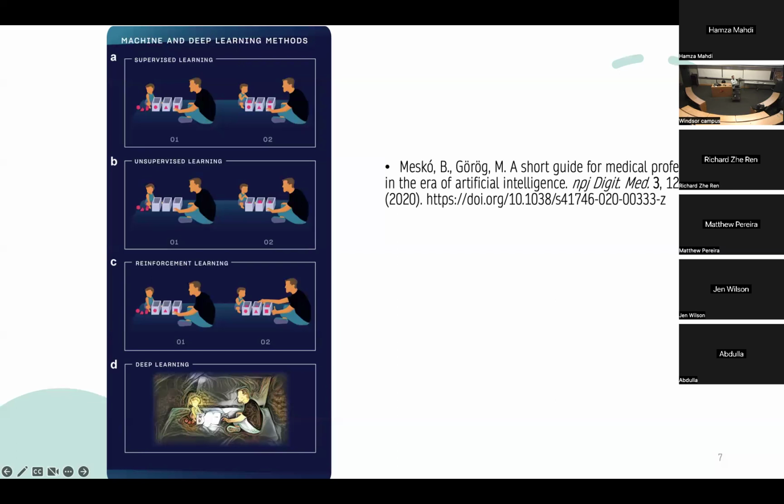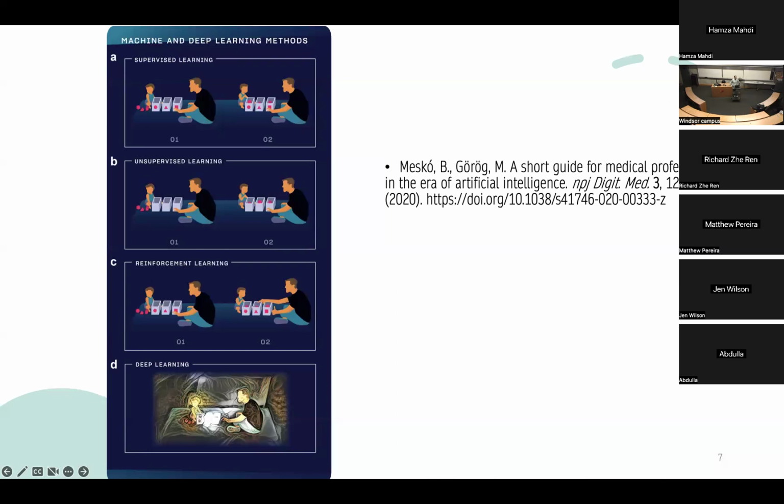reinforcement learning has to do with taking actions. If you've ever learned about classical and operant conditioning in psychology, that's essentially what reinforcement learning is about. Let's take a clinical example: you have a patient presentation, and instead of asking the AI to classify what condition they have, you ask the AI what action to take.